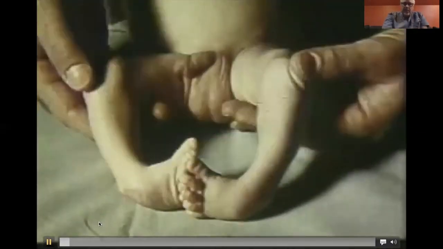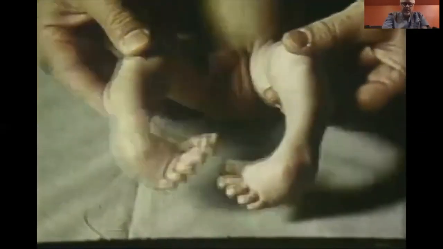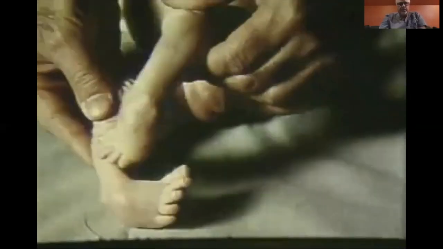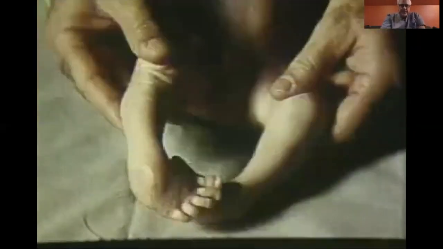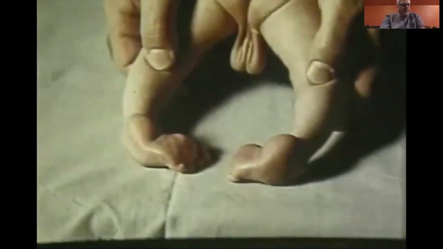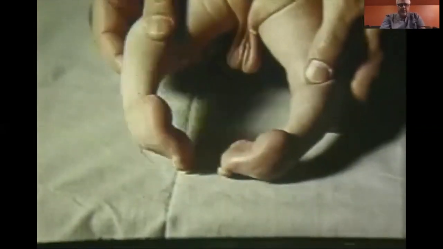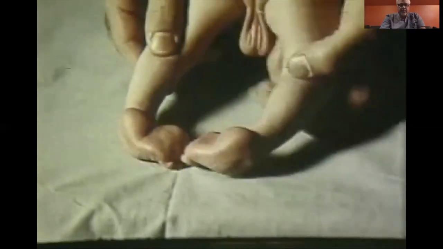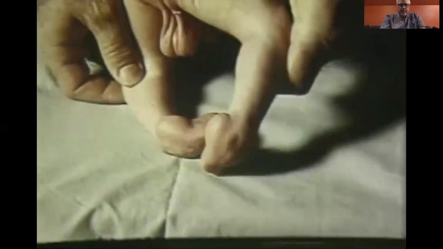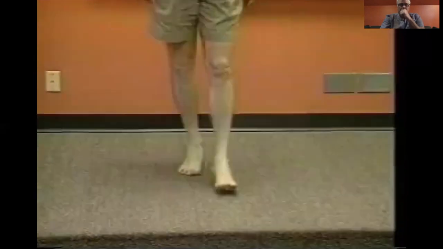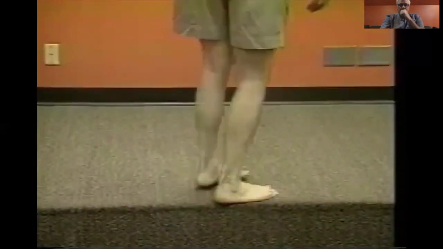I'm going to turn the volume up on this one so you can hear it. Which I treated in 1956, represent the longest recorded follow-up treatment of the deformity. Now in his 40s, Ross has painless, normal looking, and functional feet.